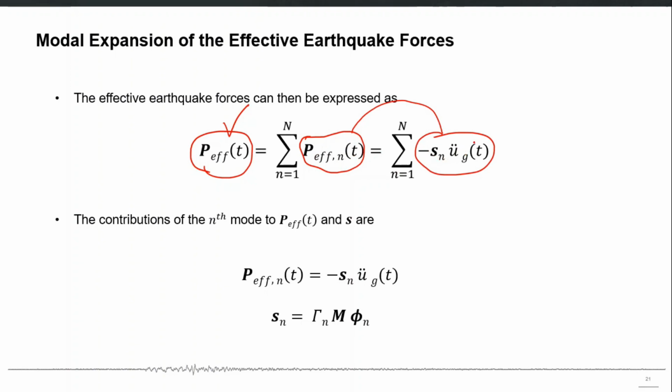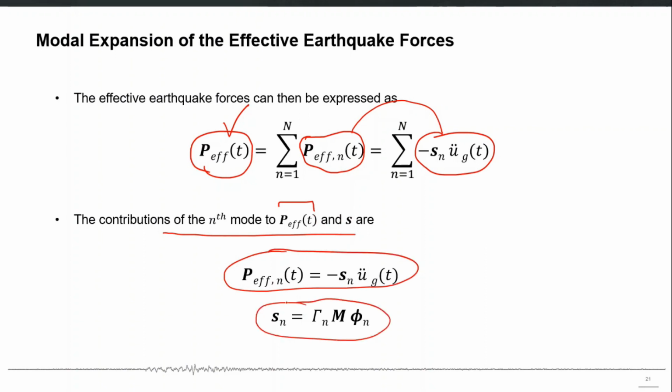So the contribution of the nth mode to total P effective and S are this one, right? And Sn can be calculated using this expression: modal participation factor times mass matrix times phi n. So the idea is that we expanded the effective earthquake forces into modal contributions.